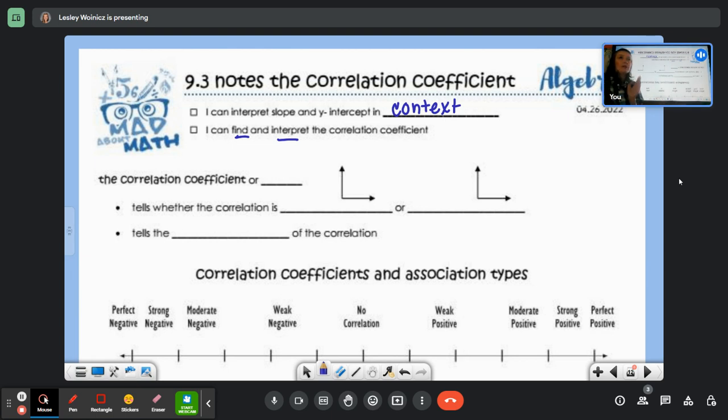Now, I have been promising you that we would have a way to tell whether a correlation was strong or weak. And that is one of the jobs of the correlation coefficient. We call the correlation coefficient the R value.